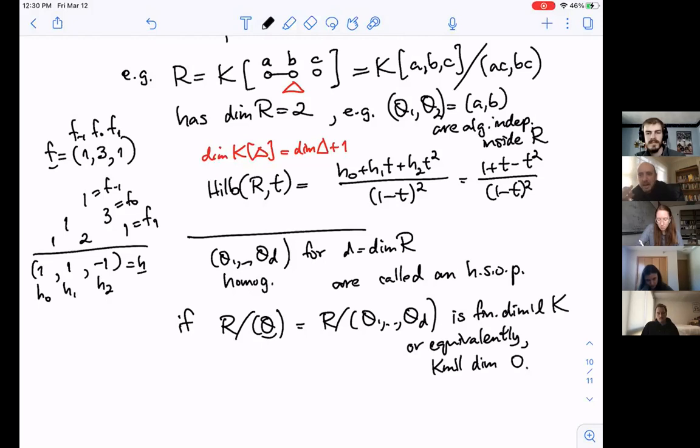So you mod out by them, and they're exactly the right number of them, and they cut it down to Krull dimension 0.